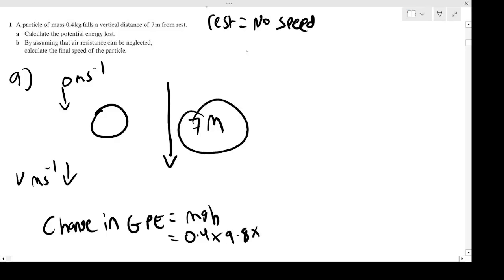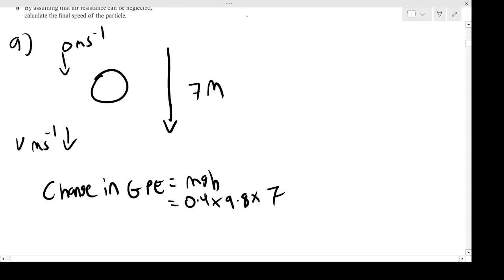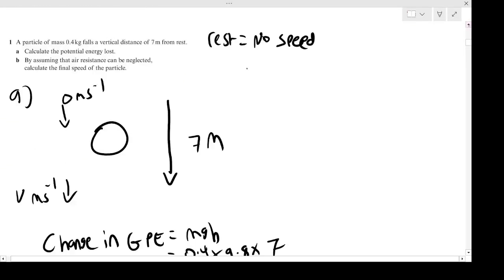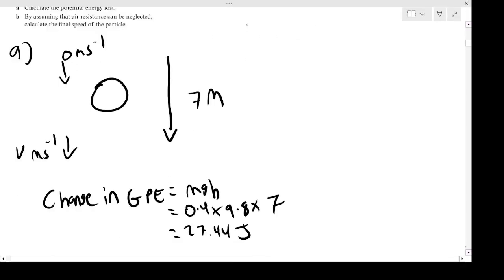It's gone down by 7, so times by 7. And then if we work that out, we get 27.44 joules. And there we are. So that's the potential energy, and it's lost. It's lost because it's going downwards, so it's a loss.